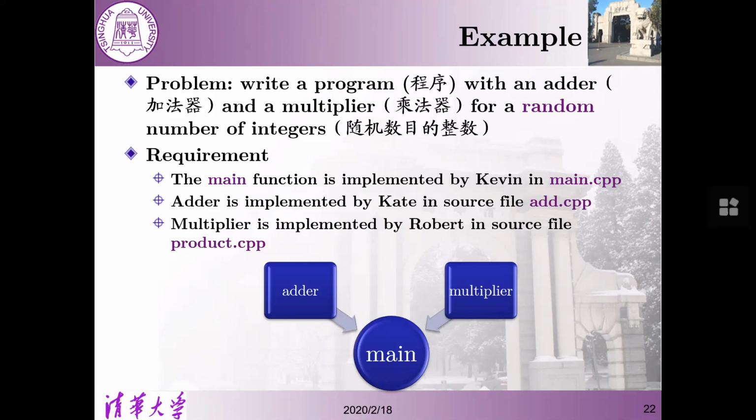We can see here, if you want to write an adder and multiplier program, then there are different parts. Maybe this is a very simple example. Maybe in real applications, there are very large modules for different teams. Then we assume that these different parts are written by different people.